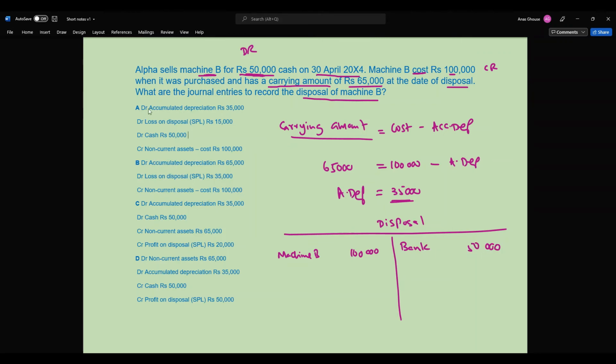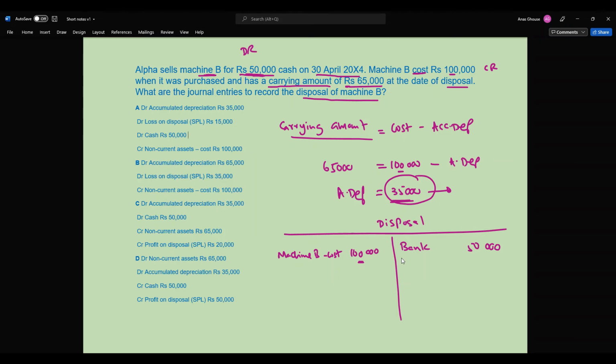We don't record the carrying amount; what we need to record is the accumulated depreciation. Along with the cost, we have to remove the accumulated depreciation relating to this 100,000.